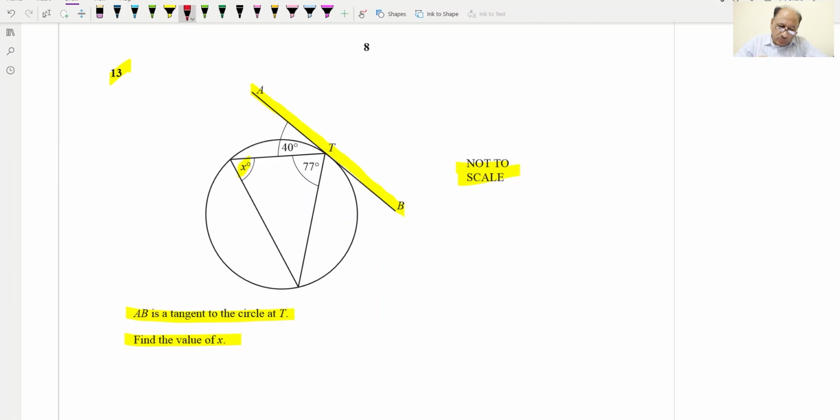Now we know this angle is how much? This angle is 180 minus 77 plus 40 degrees, and this will be equal to 180 minus 137.